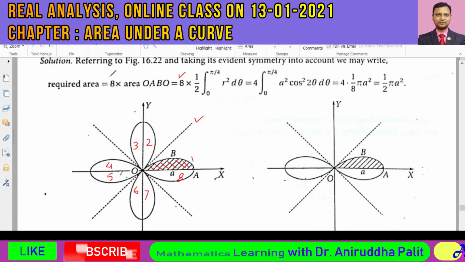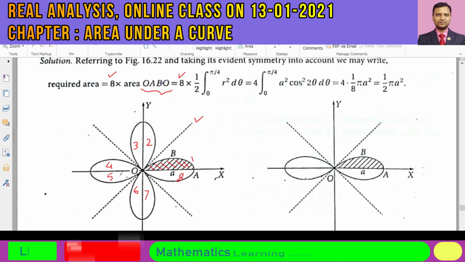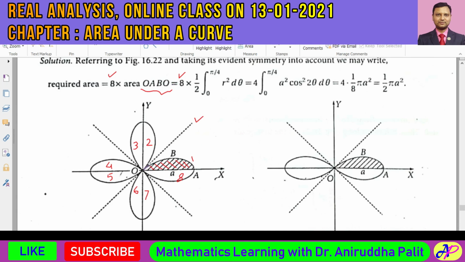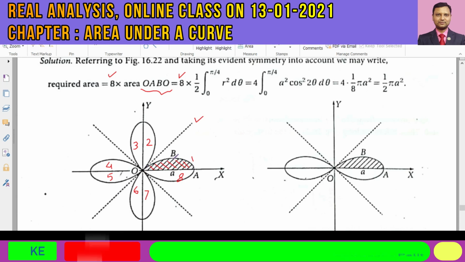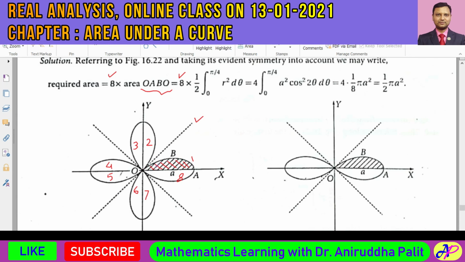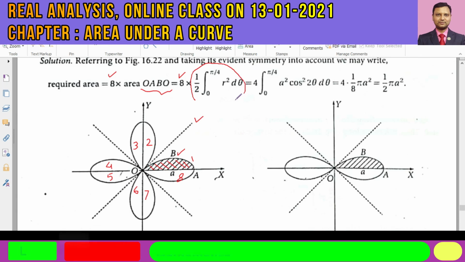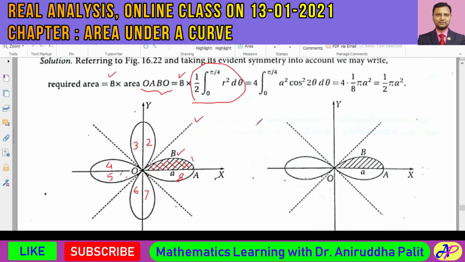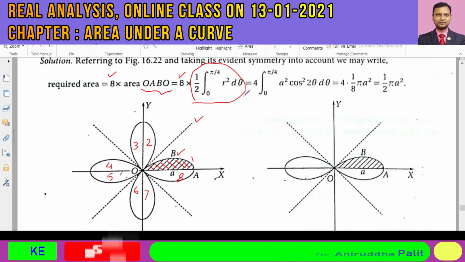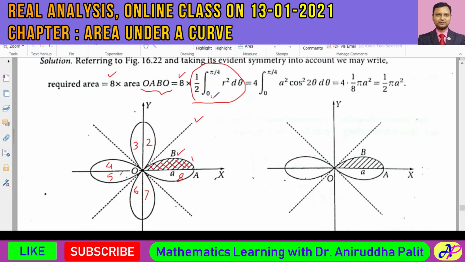So 8 multiplied by the area under this curve, this shaded area, that means starting from O, going to A, then through the point B, and again coming back to O. This much area under the curve is represented by the integral of half r square d theta, and there theta should vary from 0 to pi by 4.